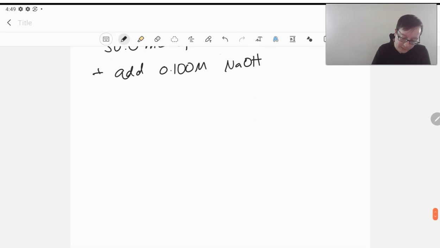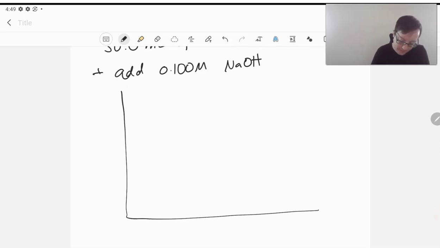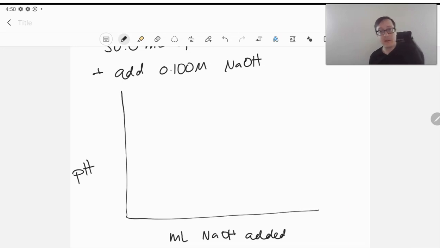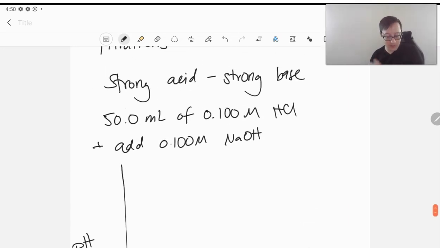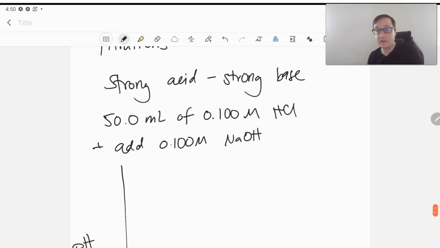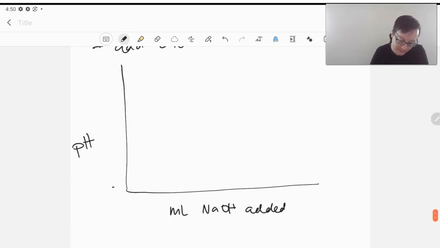We'll see that if we were to graph the base added with the pH of the solution, assuming we're starting with 50 mL of 0.1 molar HCl, our pH should be 1. So if we're going from 0 to 14, we'll be starting somewhere around here, at around 1, where we have added 0 mL of NaOH.